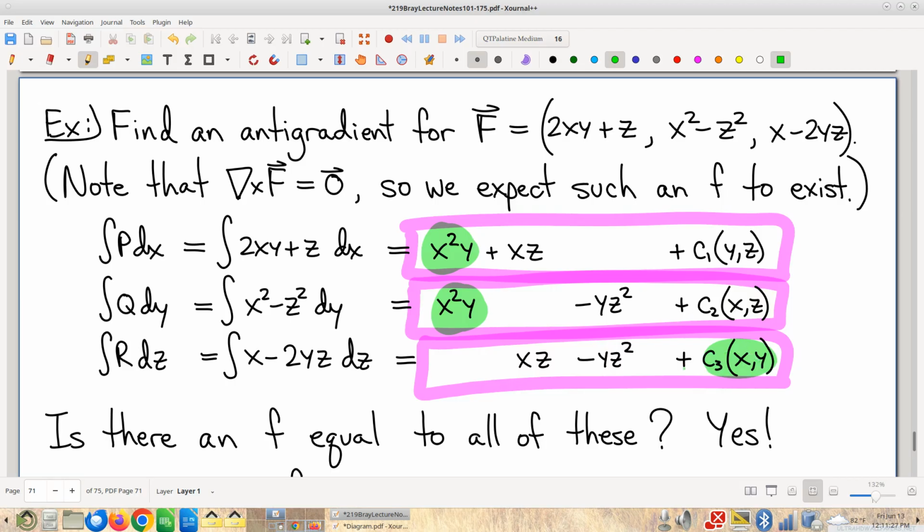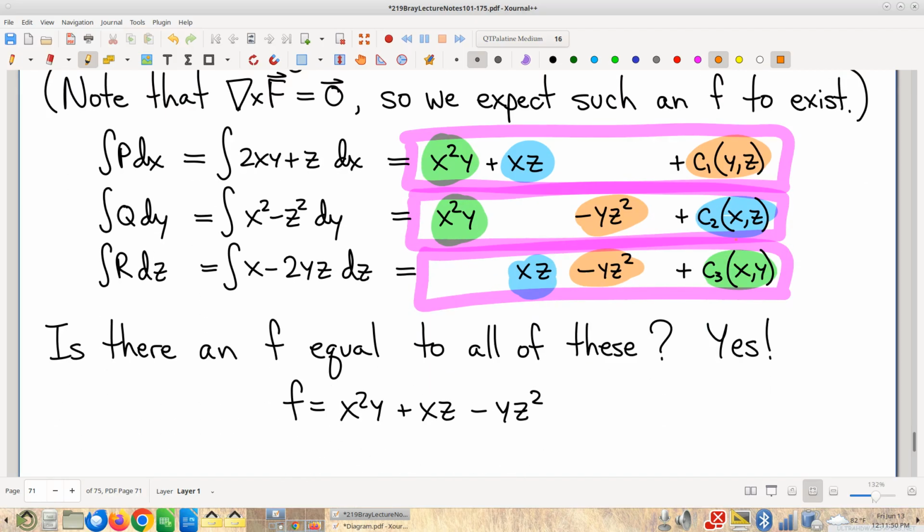So I can make x squared y appear in all three of these expressions if I just choose C3 to be x squared y. And then likewise, that and that could be what that is. And likewise, that and that could be what that is. And we win, right? These three things can all be equal.